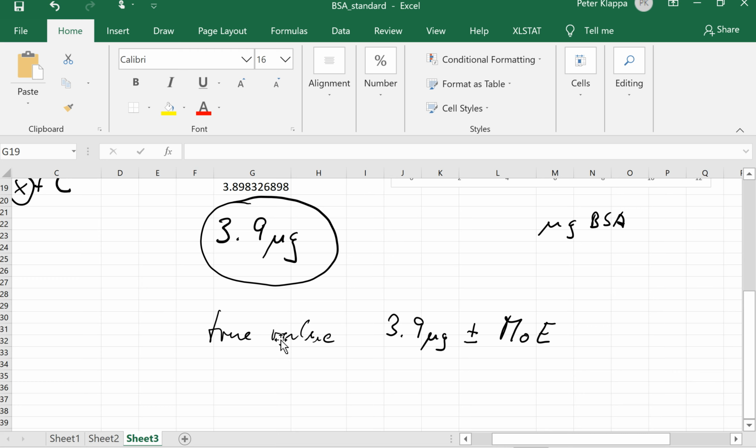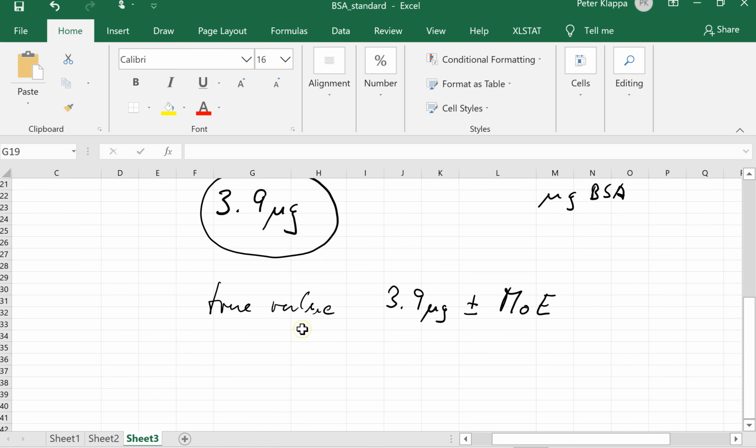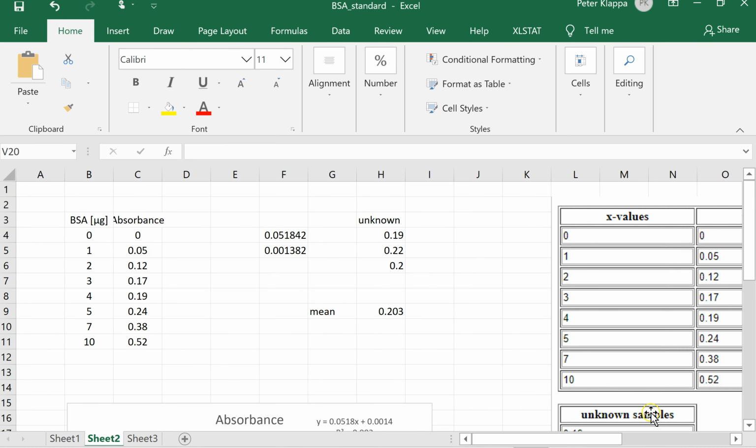Now, these margins of error are not for the faint-hearted to calculate. So I've written a little program, and the link to that is in the description below, where you can enter your data for the standard curve and for your unknown samples.